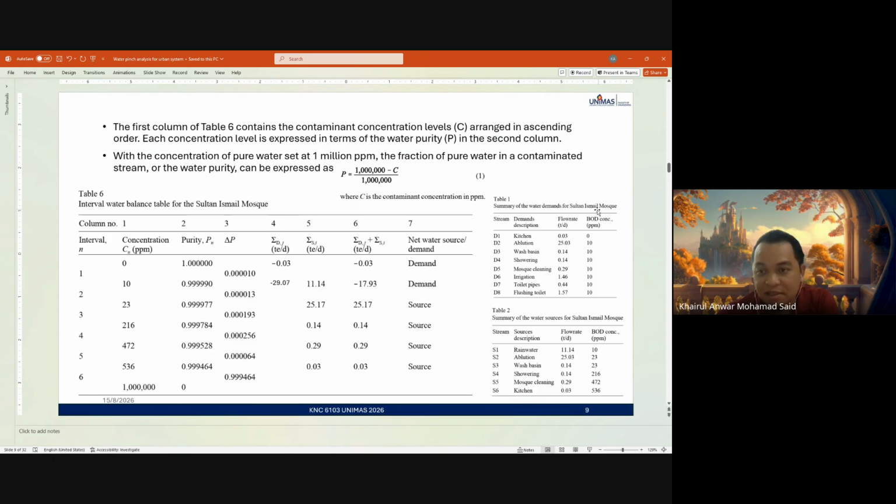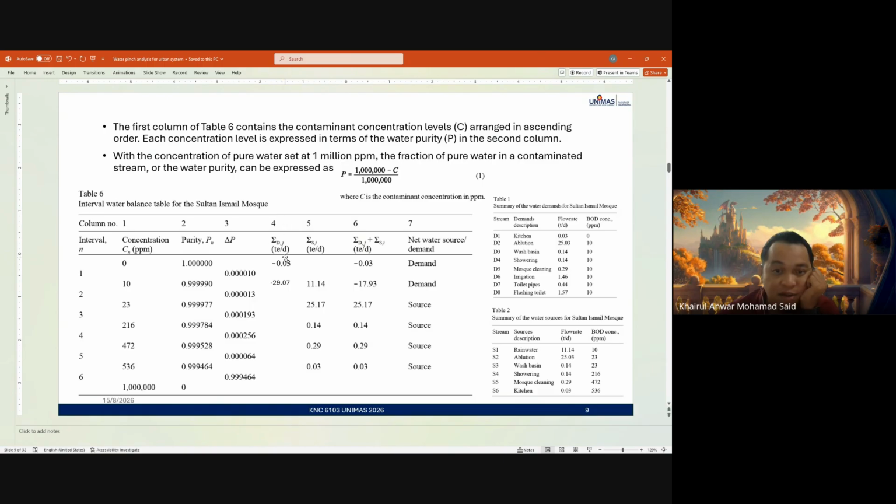So based on this data, we have a lot for 10. Next is the purity P using this equation: P equals 1 million minus C, over 1 million. Then delta P in between the purity, aligned with the interval.